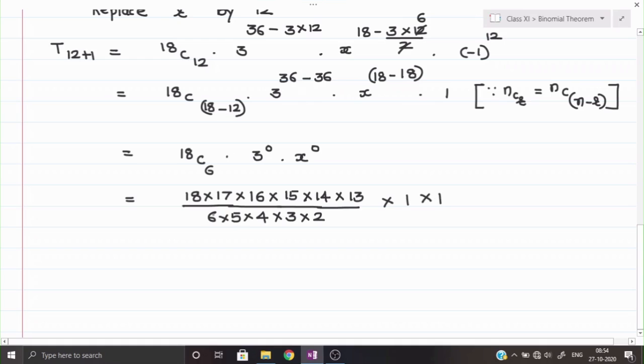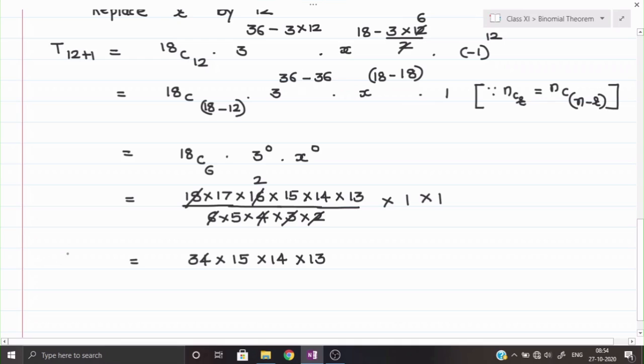Now 6 into 3, 18, and this 18 got cancelled directly. 4 into 2, 8, and 8 twos are 60, that is also cancelled. So finally, we are getting here 17 into 2, 34, into 15, into 14, and then into 30.